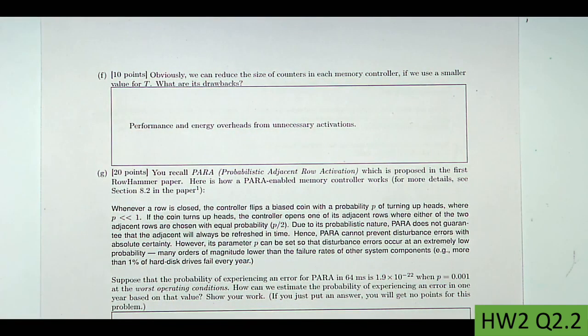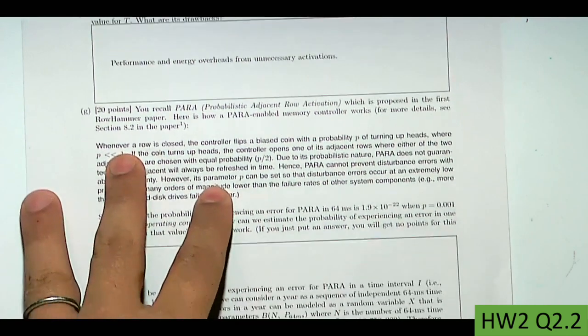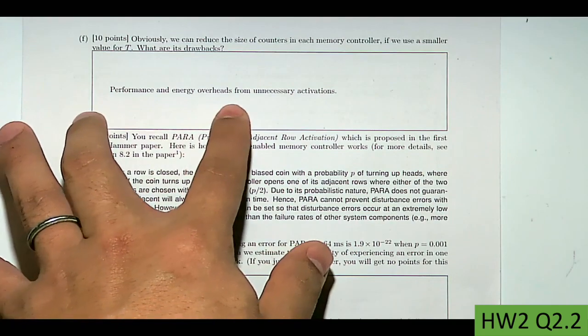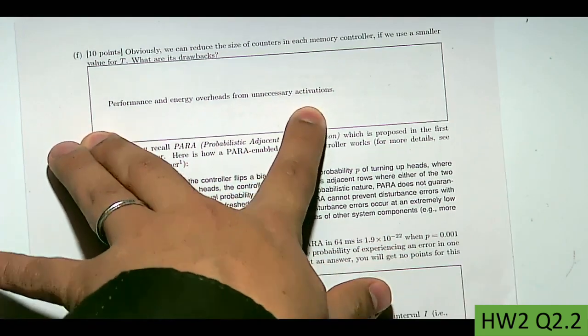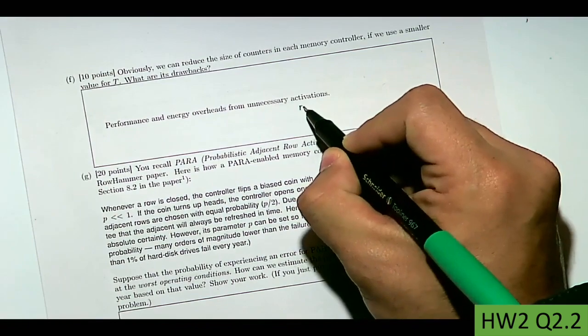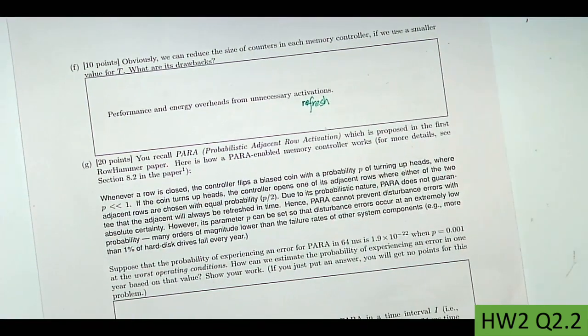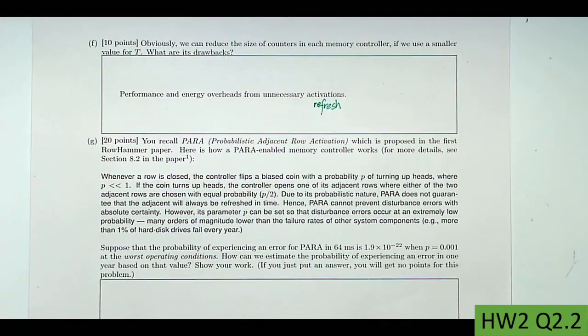For example, if we use a threshold value of 1, then the counters definitely should be increased a lot, and we need to refresh the adjacent rows whenever we activate a row, twice or so. The performance and energy overhead from unnecessary activations or refreshes is the cost of using smaller threshold values.